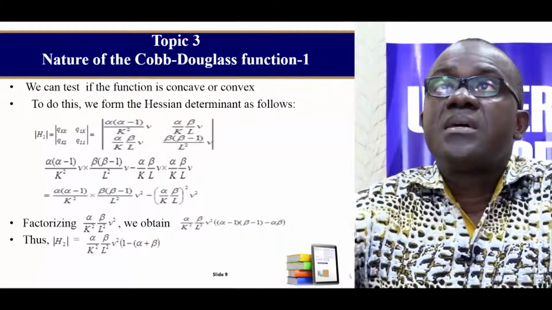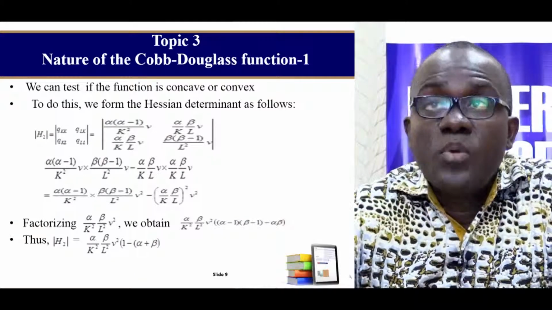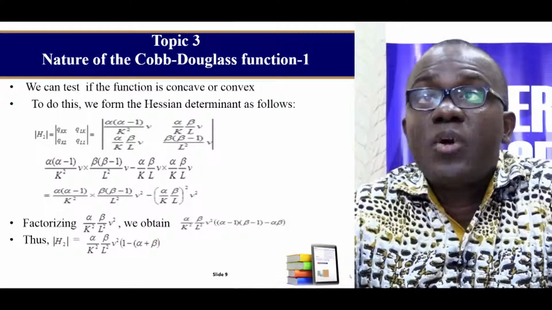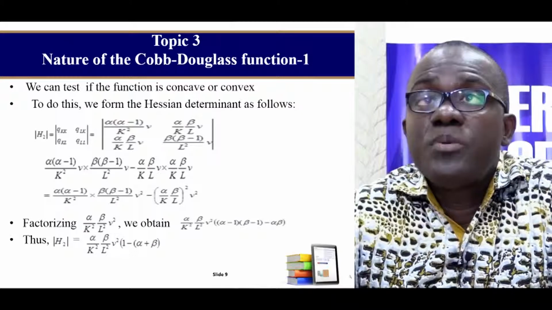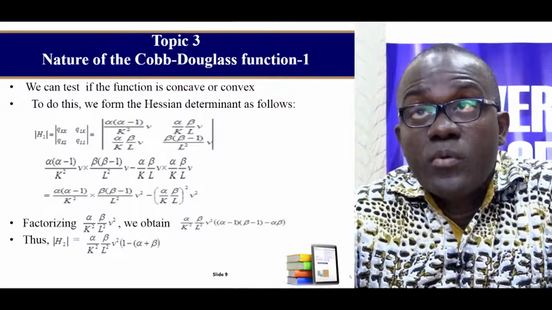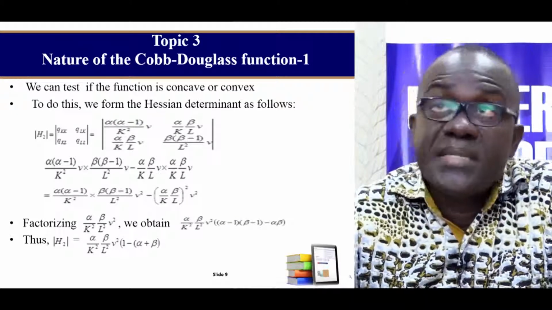Now, what is the nature of the Copula function? It means, is it a concave function or is it a convex function? To be able to do that, as you know, it's a function of two variables. You recall that we discussed concavity and convexity using the Hessian determinant.